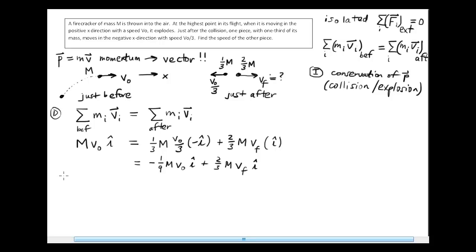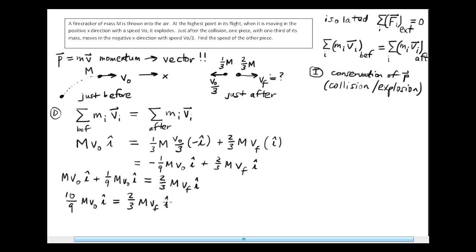So on the left-hand side we get m v0 i hat plus 1/9 m v0 i hat equals 2/3 m v final i hat. On the left-hand side, 1 plus 1/9 is 10/9. So this gives us 10/9 m v0 i hat equals 2/3 m v final i hat.